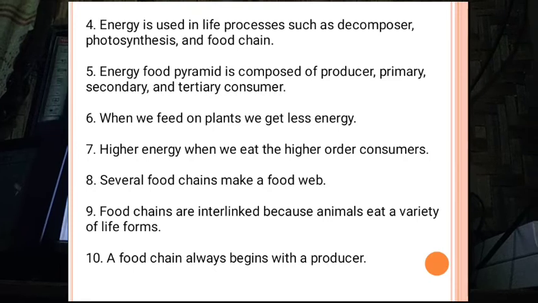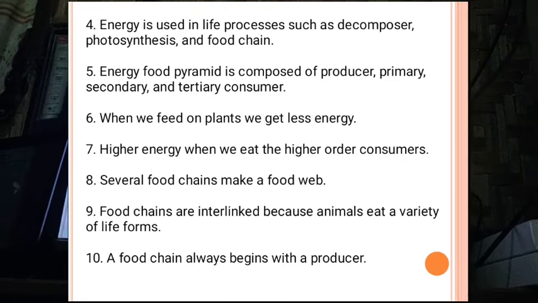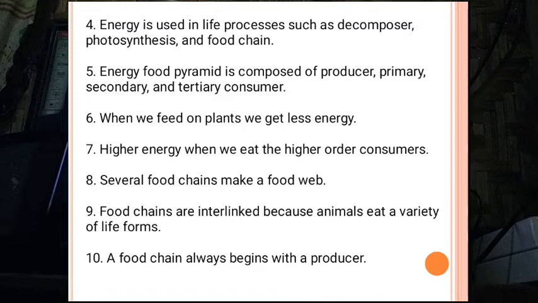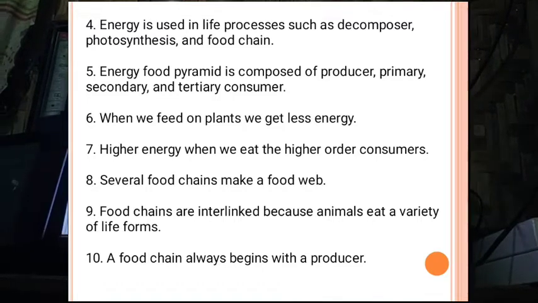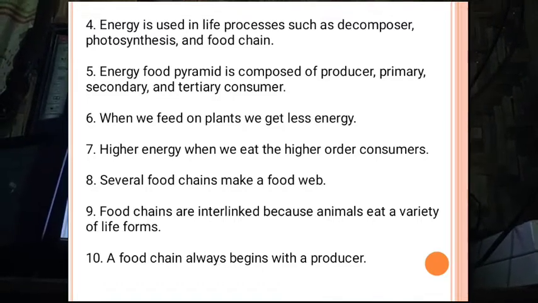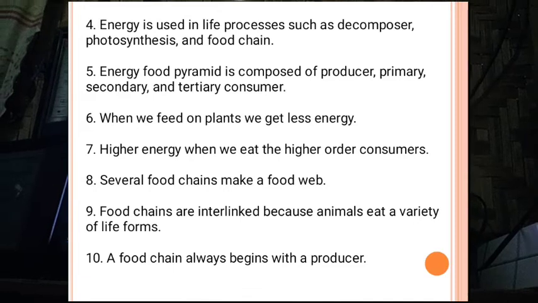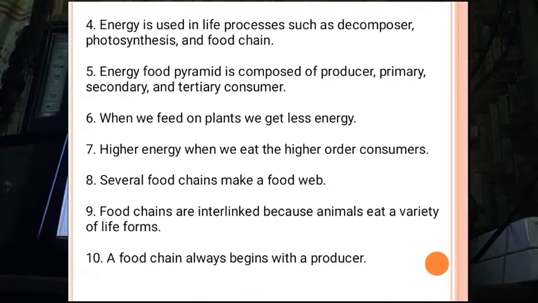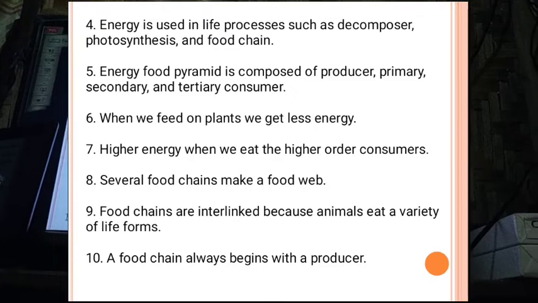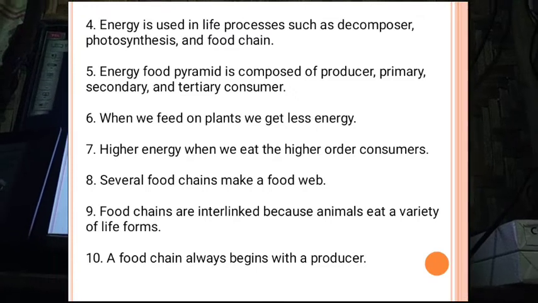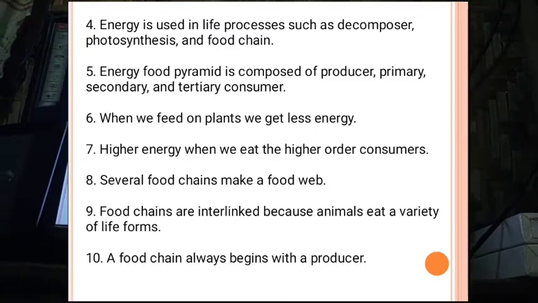Okay guys, are you still with me? Very good. Okay, another question. For number 5, energy food pyramid is composed of producer, primary, secondary, and tertiary consumer.